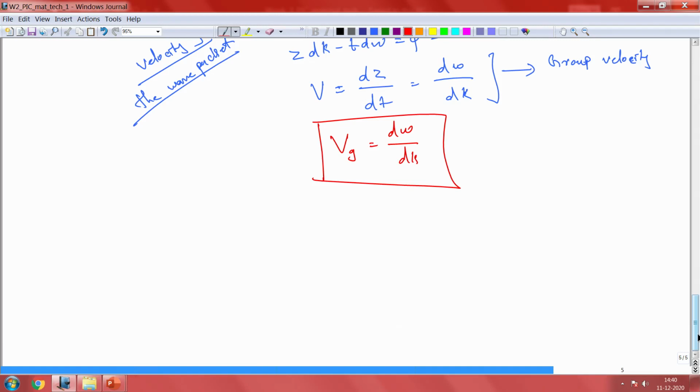We will come to that shortly, why the group velocity and phase velocity are slightly different. The constant phase front travels at the phase velocity, but the group velocity is the velocity at which the energy travels.